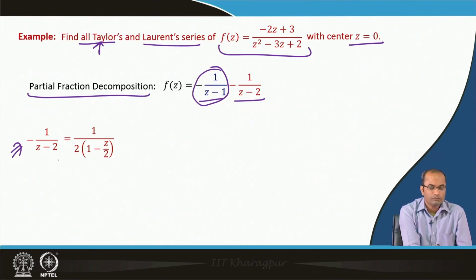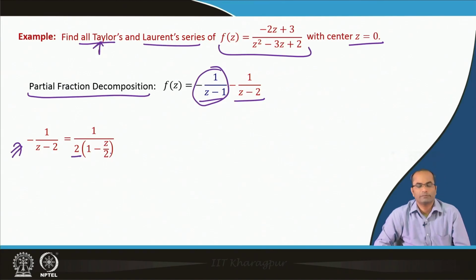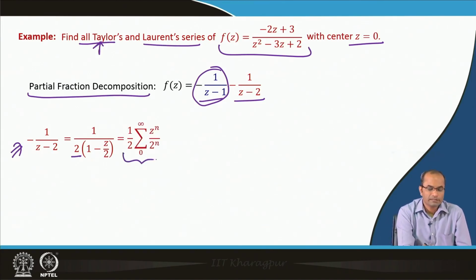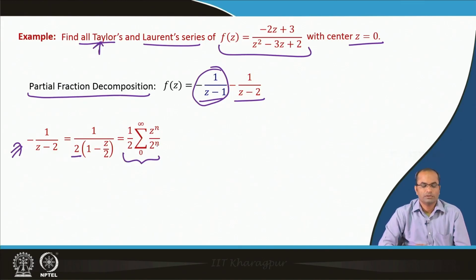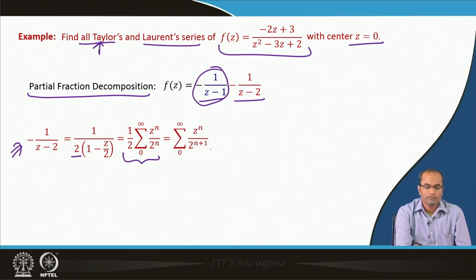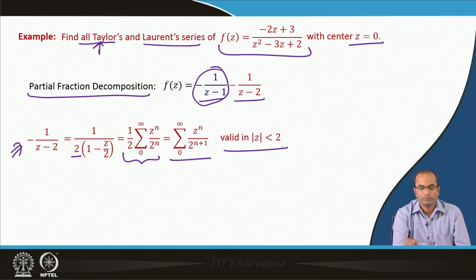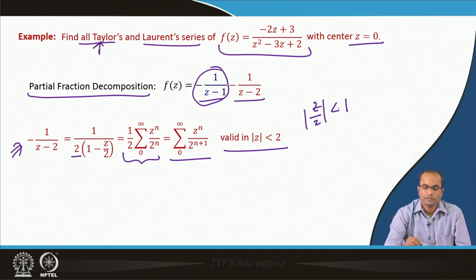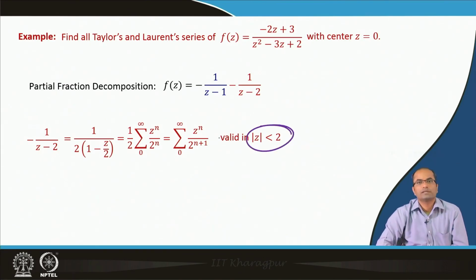One way would be to take minus 2 common, that means minus minus plus. So we have 2 times 1 minus z by 2, and that can be expanded in z power n over 2 power n, and the validity region will be absolute value of z by 2 less than 1. So here we have this expansion, and the validity is mod z less than 2, which comes from the relation that modulus z by 2 is less than 1. So this series here is valid for mod z less than 2.